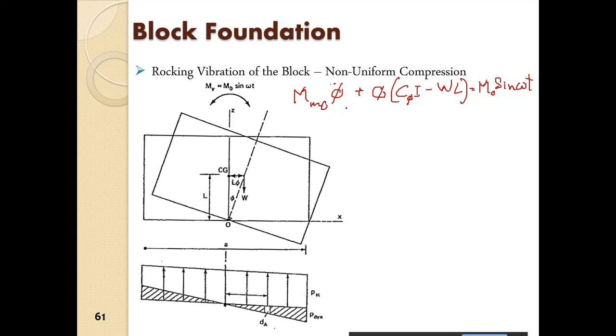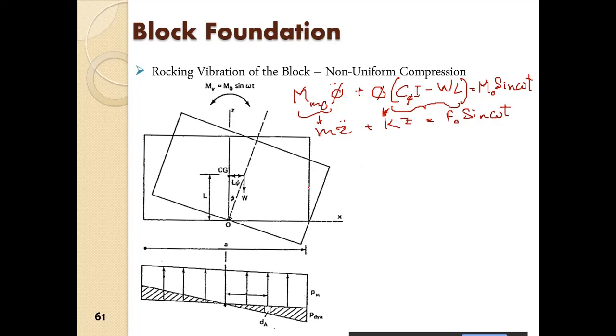Now if I again write it in this manner, we have mass into acceleration plus k into displacement is equal to F naught sine omega t. So here you see this term is analogous to k, and this term is analogous to m.